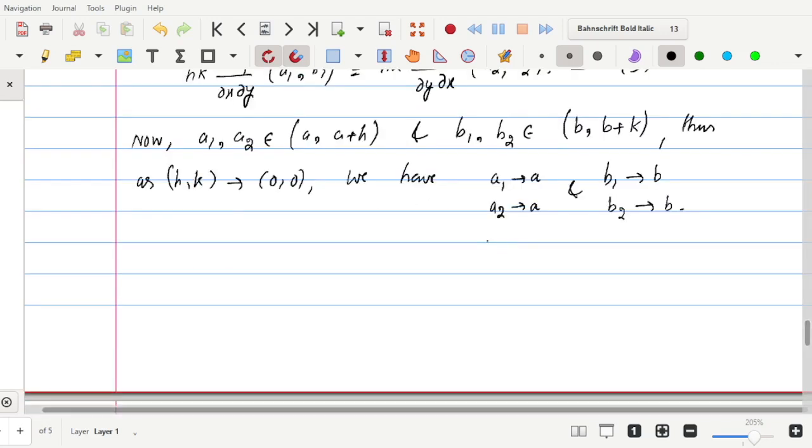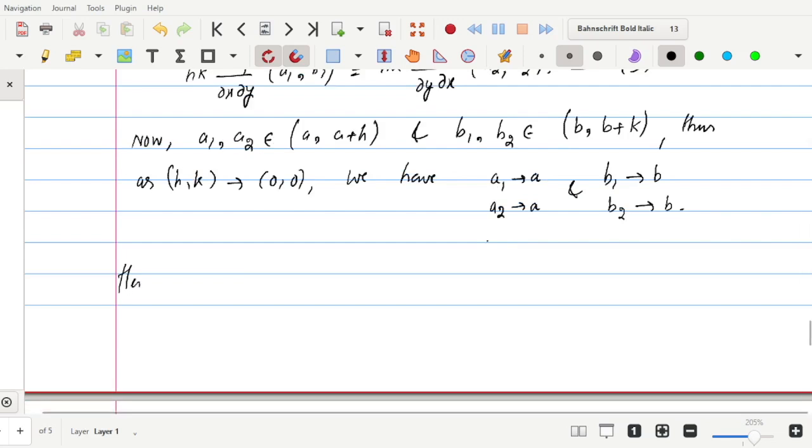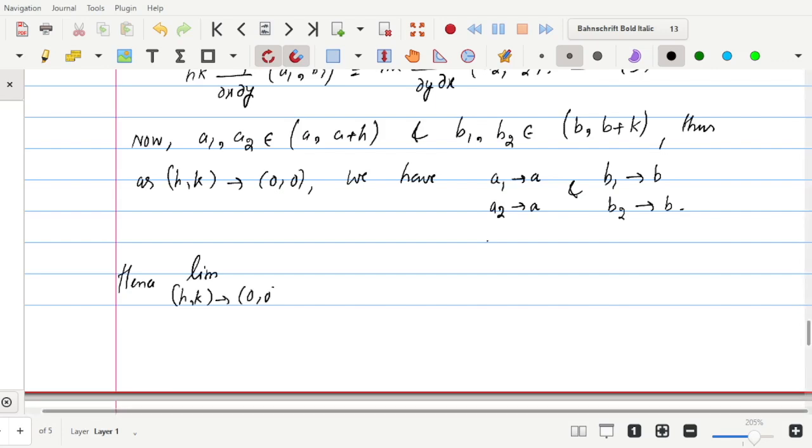Therefore, we take the limits. So hence, limit h k approaches 0 comma 0, we get del square f by del x del y at the point a1 comma b1.